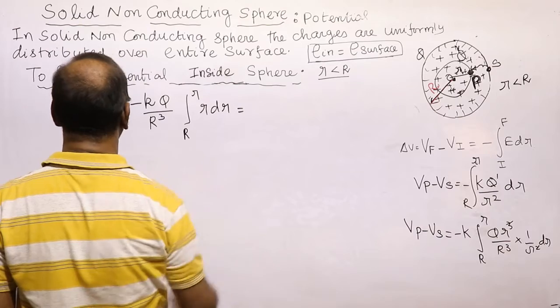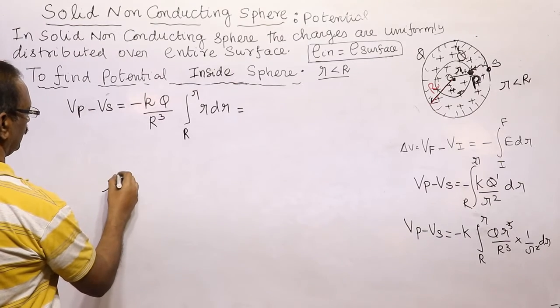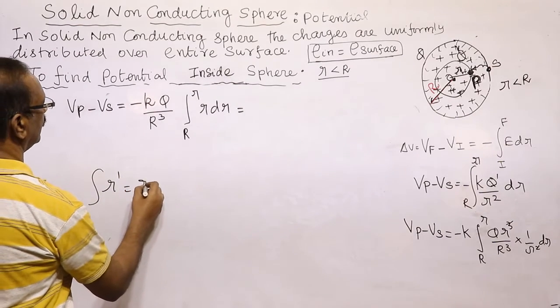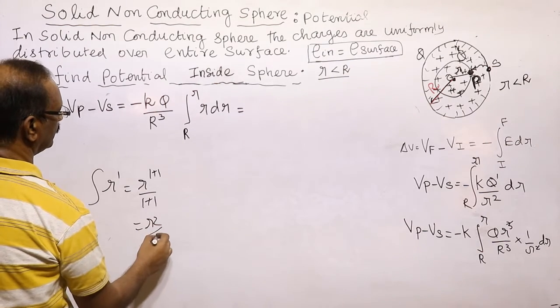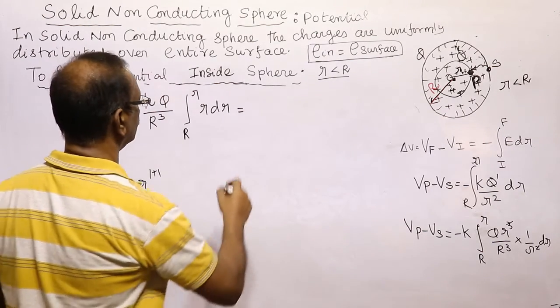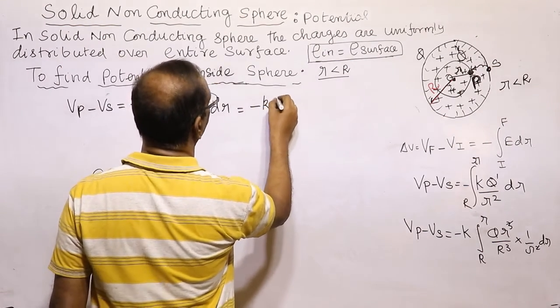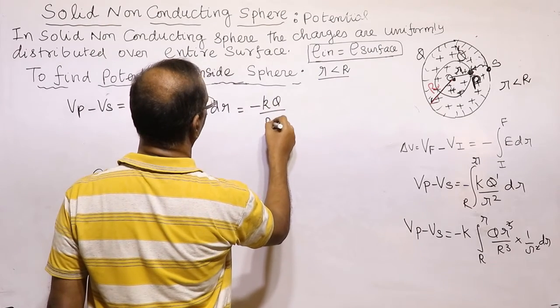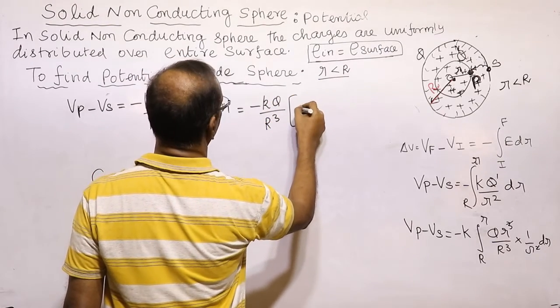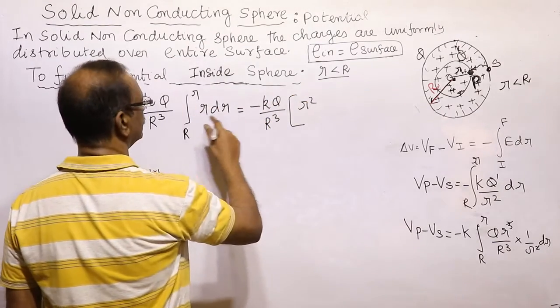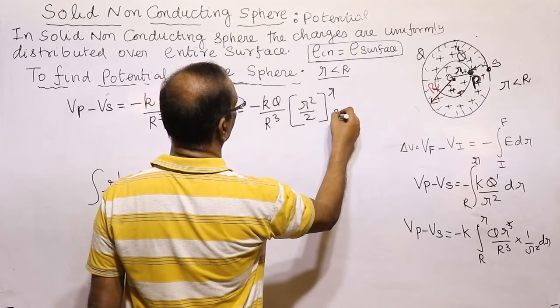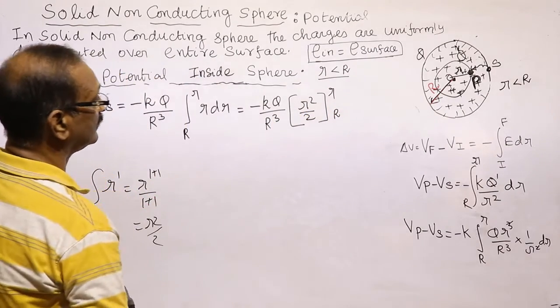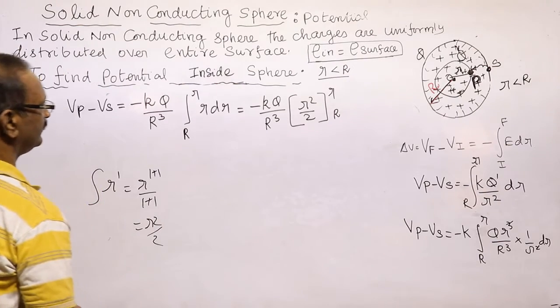dr is equal to, so what is r power 1 integration? It is equal to r power 1 plus 1 divided by 1 plus 1, which is r square by 2. So we can write this is equal to minus k q by r cube into r square by 2, with upper limit and lower limit, because initially we are bringing the charge from r to r.